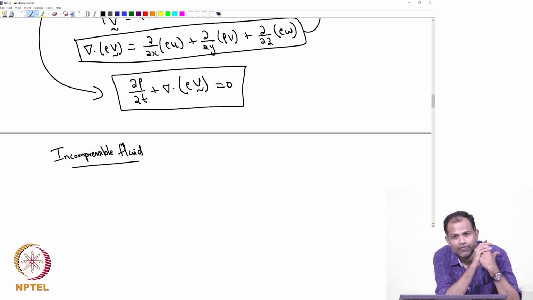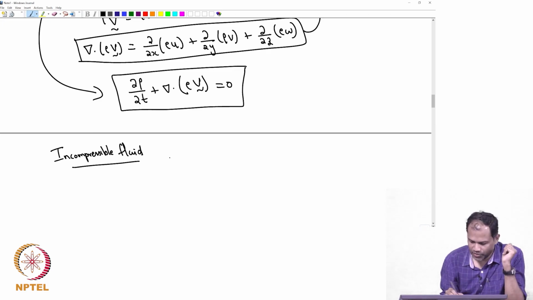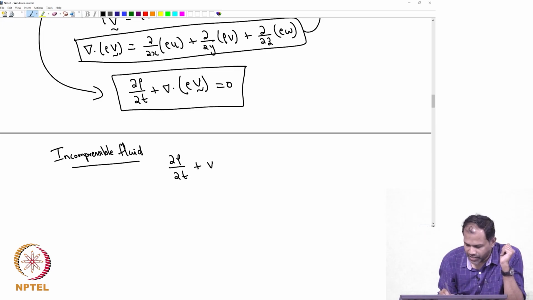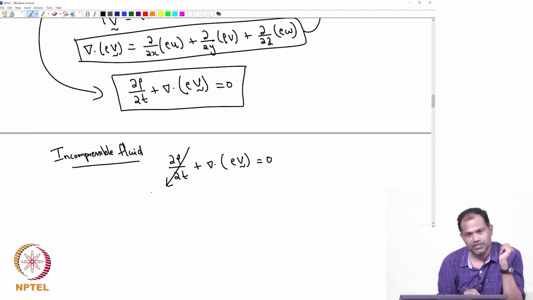The density of the fluid that you are considering is a constant, and if it is a constant, then it is not changing with time, it is not changing with space. So, if you have del rho by del t plus divergence of rho V is equal to 0, it is not changing with time, and you can take rho out because it is not changing with space.